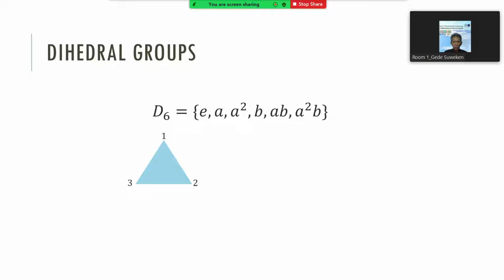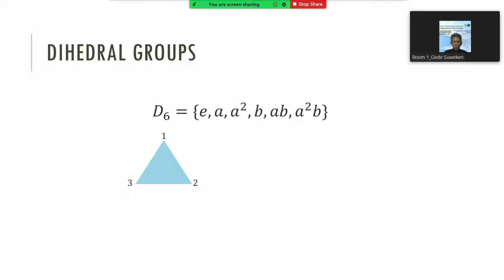Because n is 3, the regular polygon is an equilateral triangle. We know that this triangle has symmetries. The first one is the rotation symmetry.